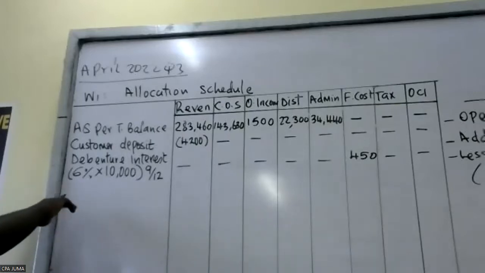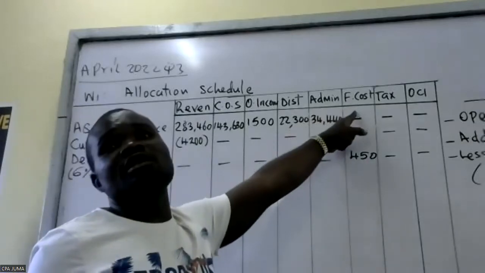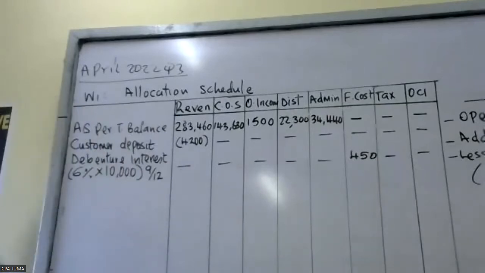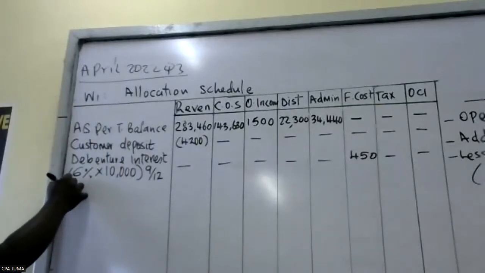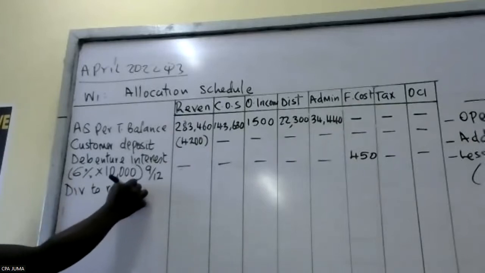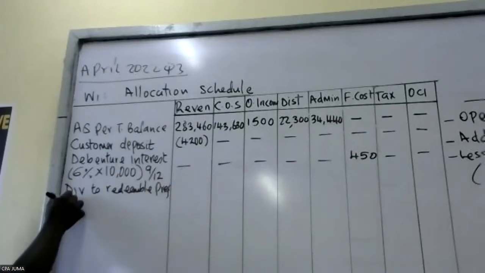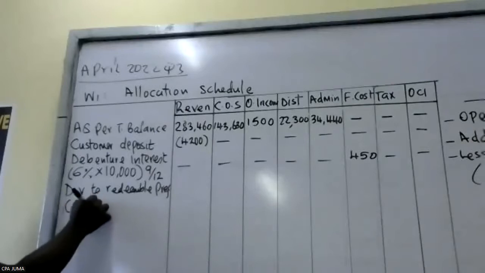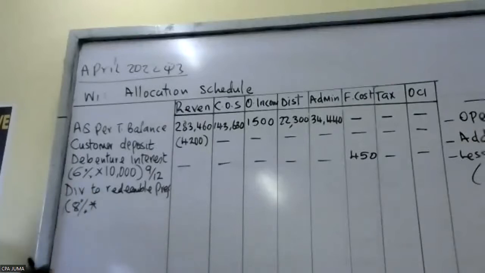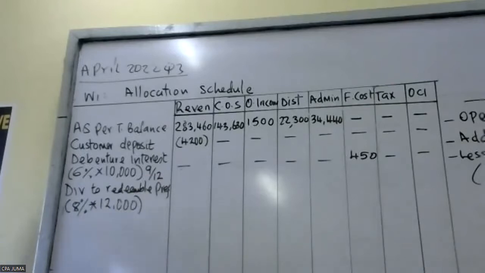So the amount you pay them as dividends in accounting is always classified under what? Finance cost. So you say dividends to redeemable preference. So you take 8% times 12,000. That is for the whole year. Tell me how much?